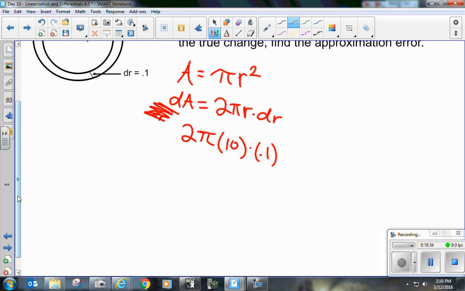First of all, what is 10 times 0.1? 1. And what's pi? 3.14, if I double it? 6.28. It is. So that is 6.28.